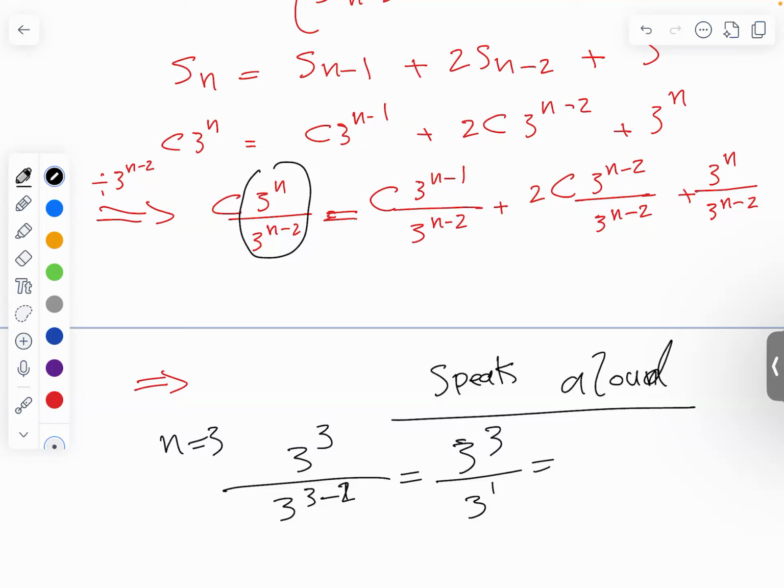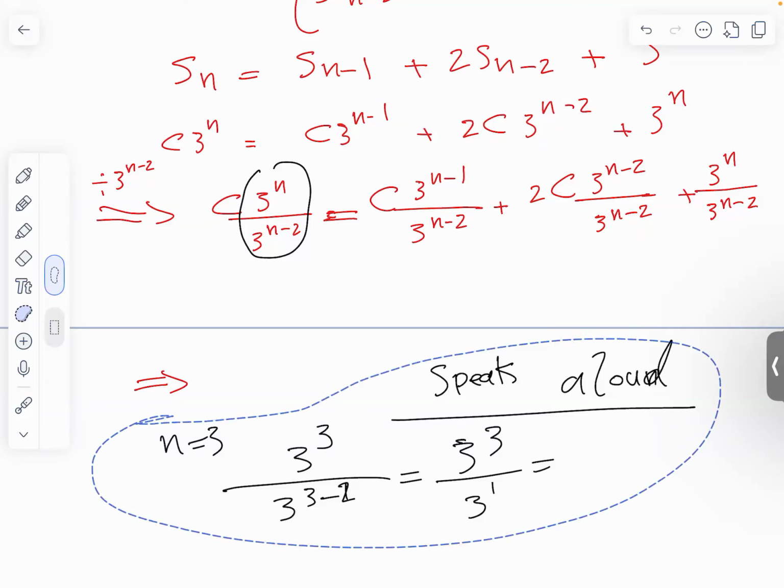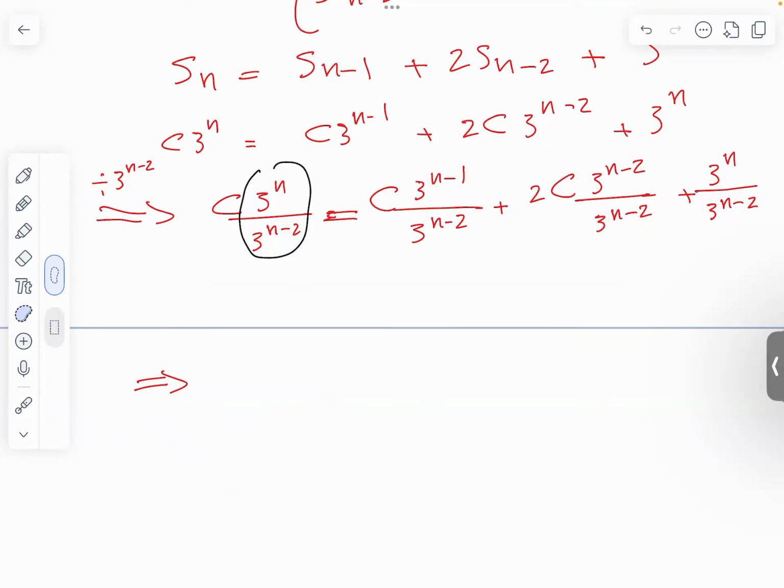All right, C times 9. What about this one?